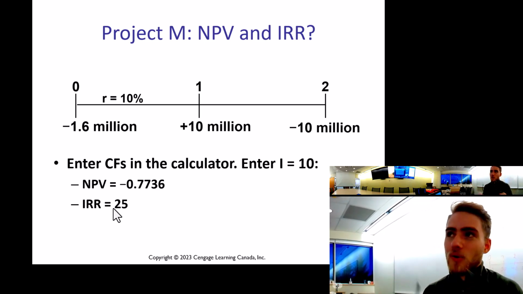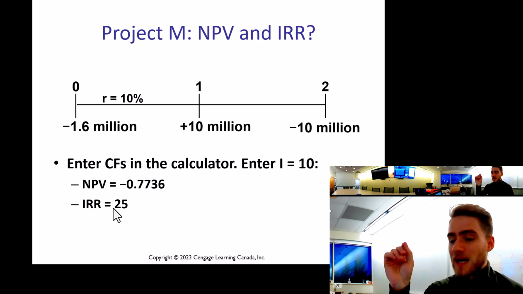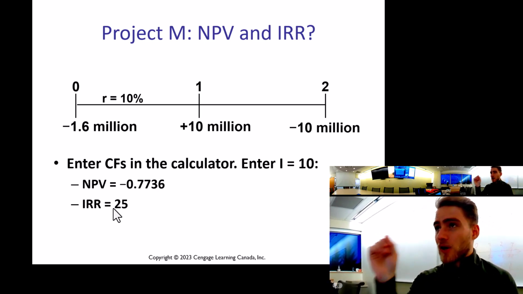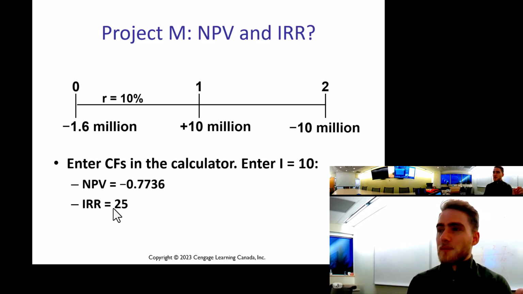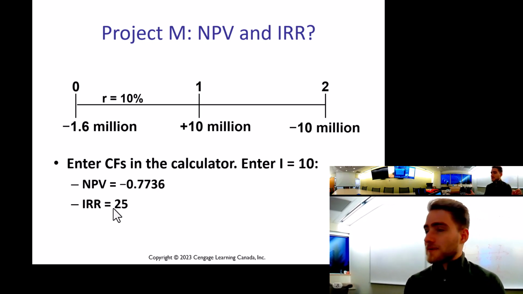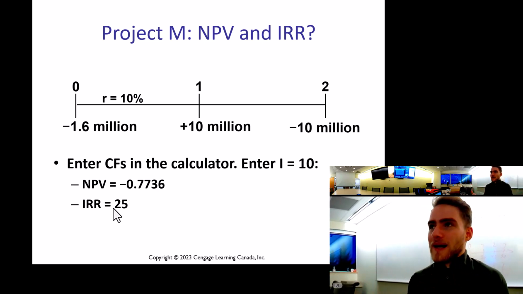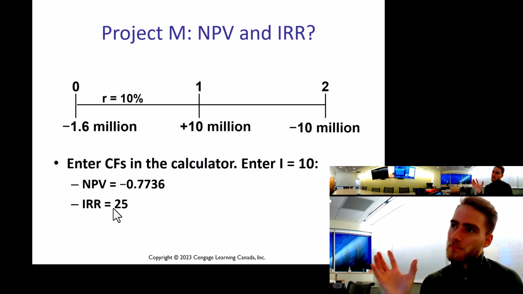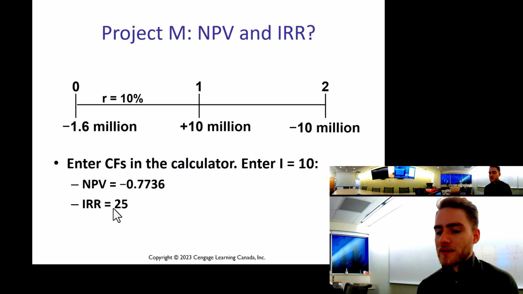So you're going to say, hold on, you lied to me. In this case my IRR is higher than my discount rate. I have an IRR of 25% and a discount rate of 10%, so my net present value has to be positive, right? Why is it not positive? It's because it's an abnormal cash flow. We have a massive cash outflow and it's screwing up the IRR calculation.